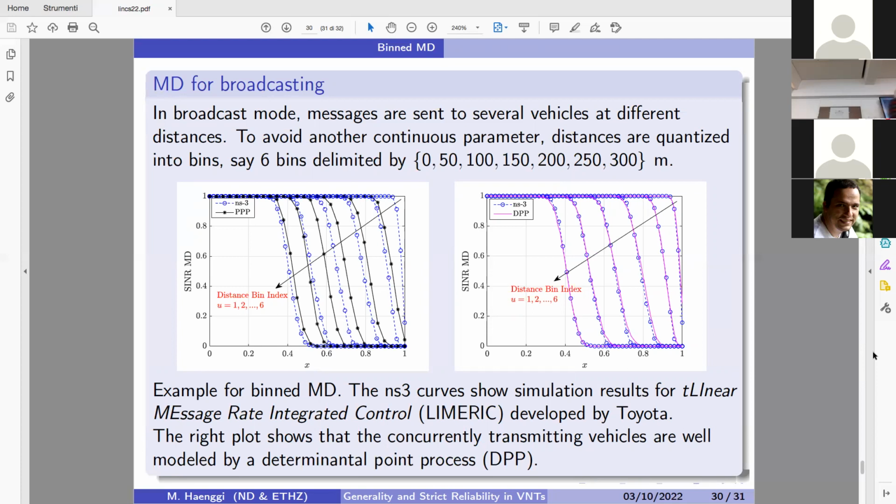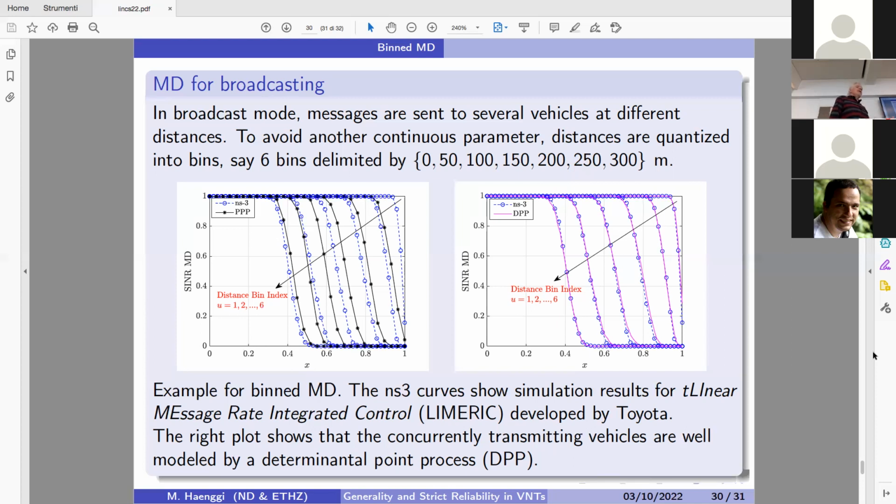This is just an example where we did a comparison with an NS3 simulation of a protocol that Toyota came up with a few years ago. It's called Limerick, which is some kind of carrier sensing mechanism for the DSRC protocol. In this case, we realize that the PPP model no longer does well.